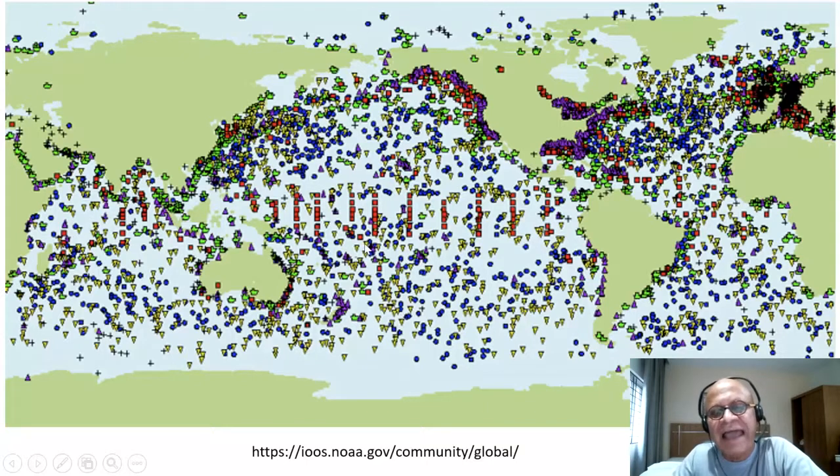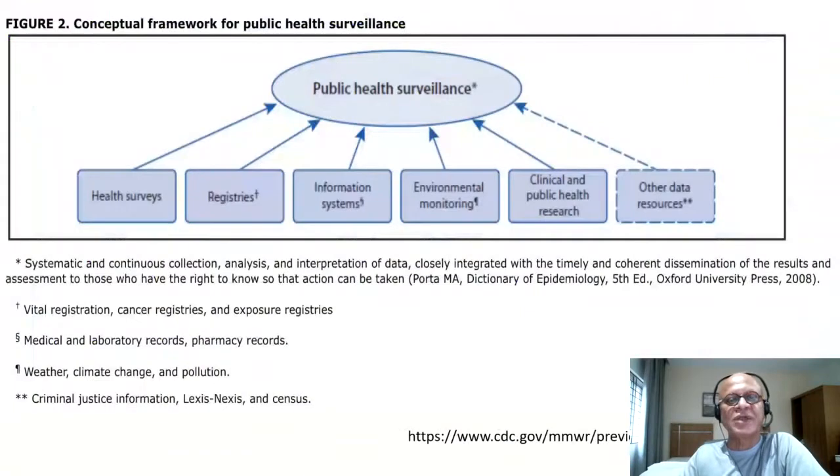Some of them have some things that are related to ocean ecosystems and potentially to health, like upwelling indicators, CO2 and oxygen monitors, and so on. But none of them are specifically designed for health as such, or health outcomes as such. There are post facto efforts to take those data and develop prediction systems for harmful algal blooms or pathogens or air quality, water quality, and so on and so forth.